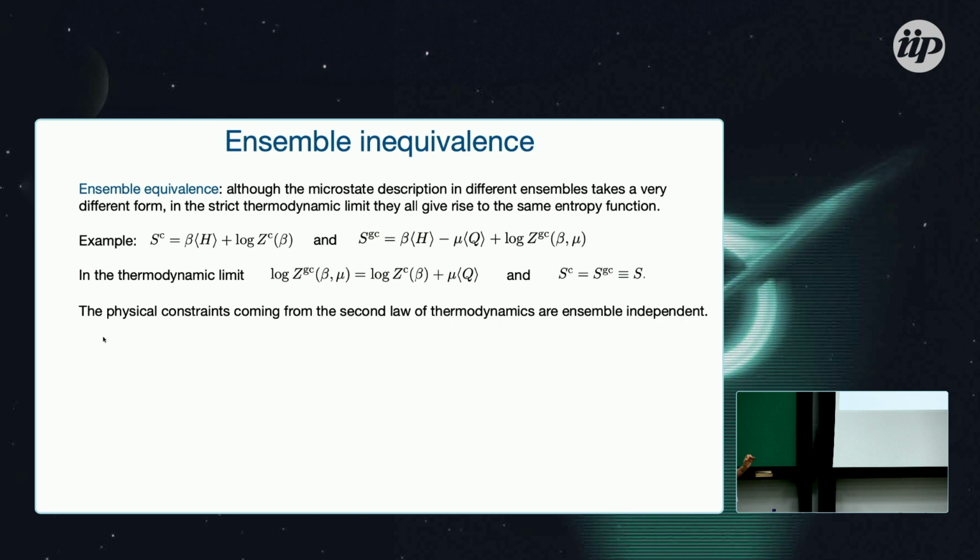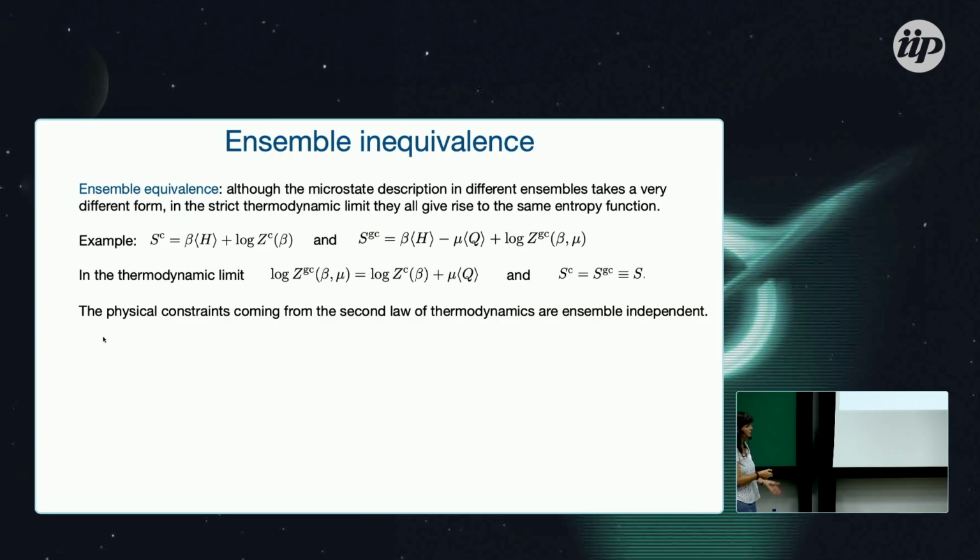We are much more familiar with the concept of ensemble equivalence, meaning that even though the microstate descriptions in different ensembles take a very different form, in the strict thermodynamic limit they all give rise to the same entropy function. So, for instance, if we compute the canonical entropy or the grand canonical entropy, these depend on chemical potential, mean values, and the partition function.